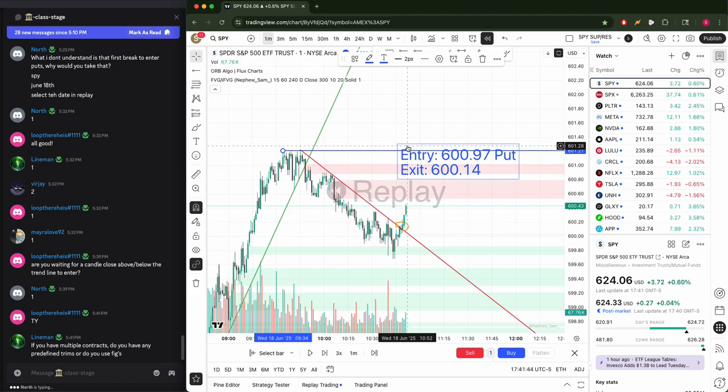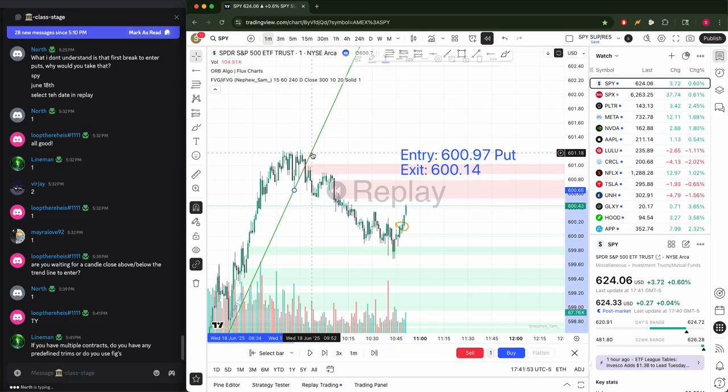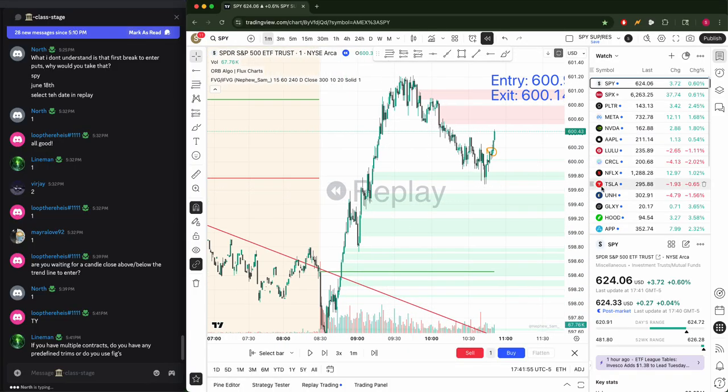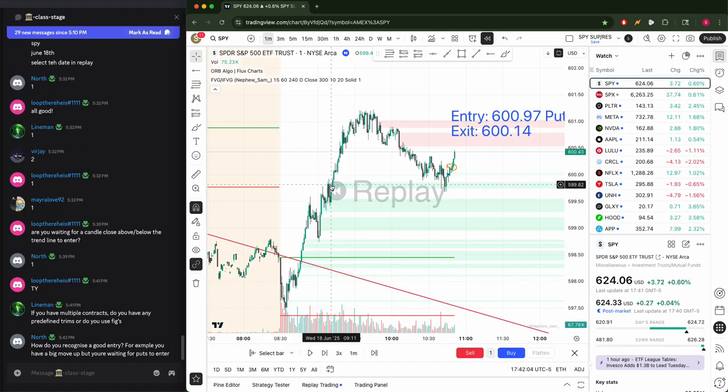Right? These lines are just so you can have an idea of where you are in the chart and be able to visually see it. Because if you didn't have any of this, I remember when I was trading like this, I would literally just look at the chart and be like, oh, it looks like it's gone up high enough. Let me go ahead and start buying puts here. Right? And I'm sure a lot of people who just get into trading, that's literally what you're doing.